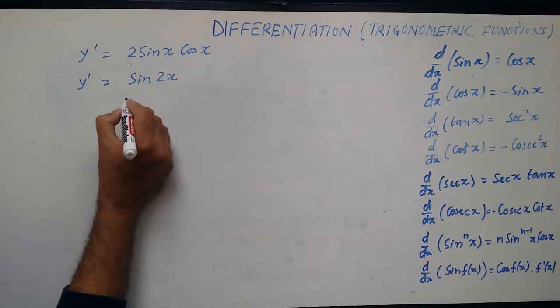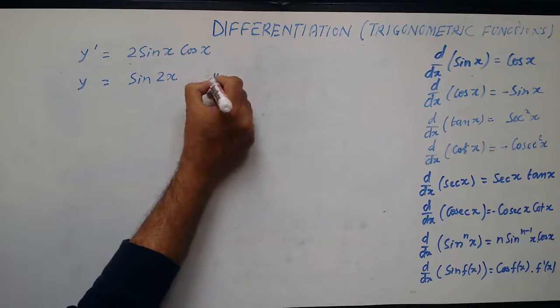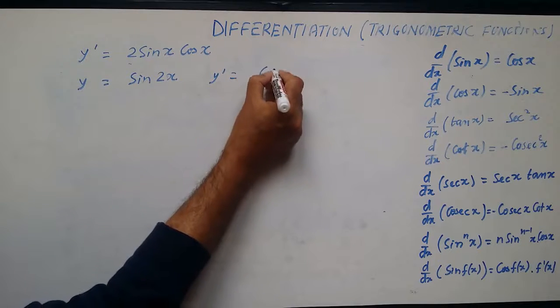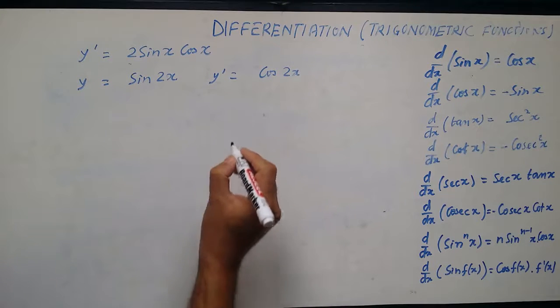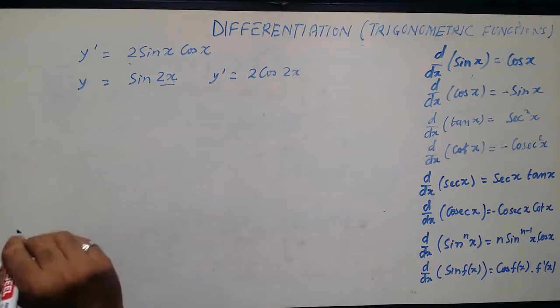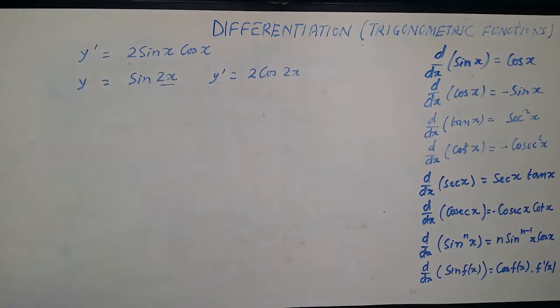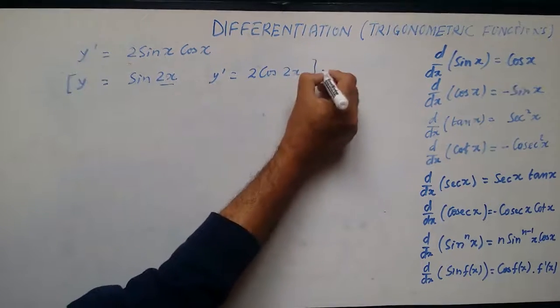Okay, this is one way of solving it. So y is equal to sine of 2x. So y dash is equal to cosine of 2x, and the differential of 2x is 2. So it is 2 cosine of 2x. This is one way of solving it.